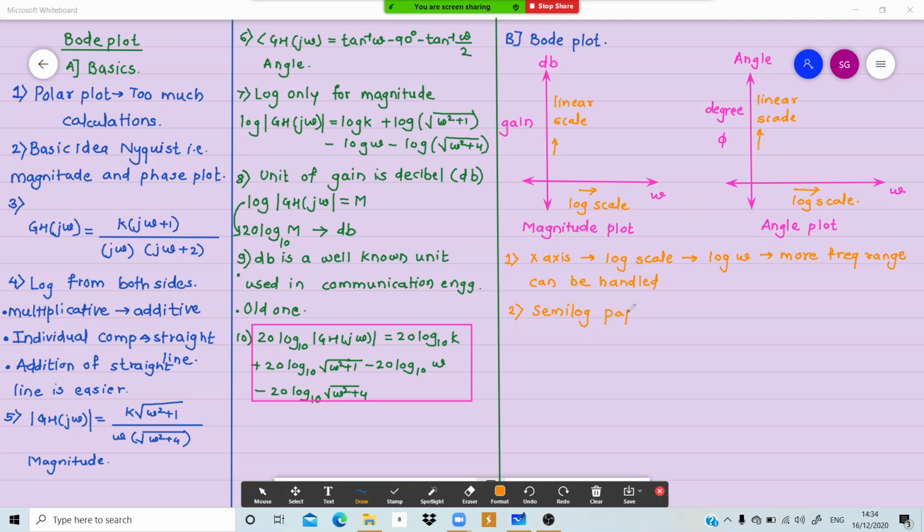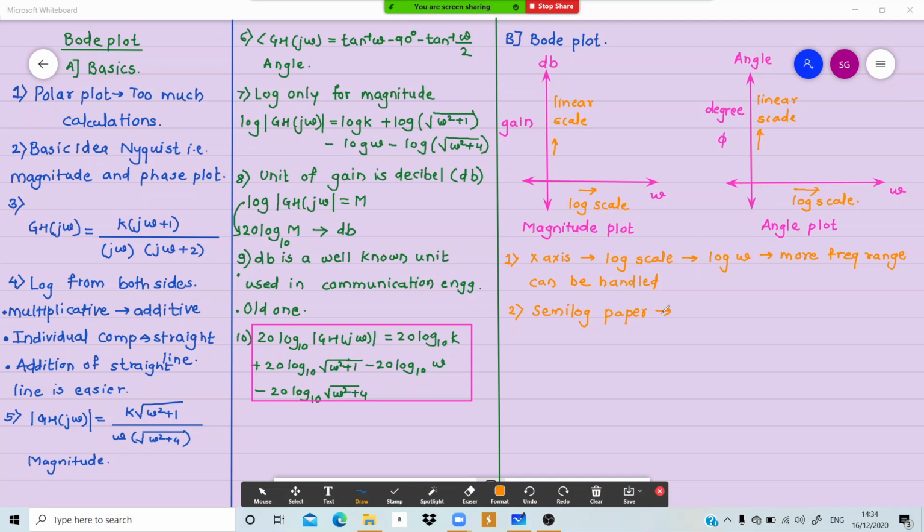And the reason is, both the things we want to put on a single plot. This is linear, this is log scale, this is log and log scale. You cannot fit them on a single paper because this will be log paper, this will be semi-log paper.